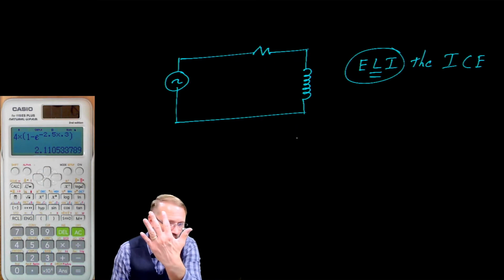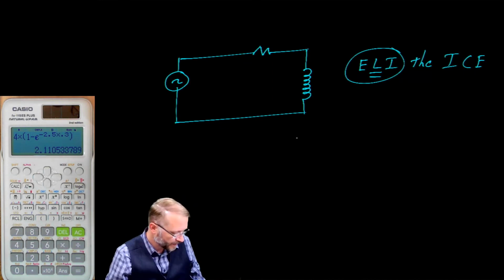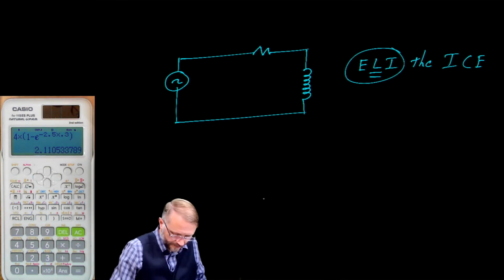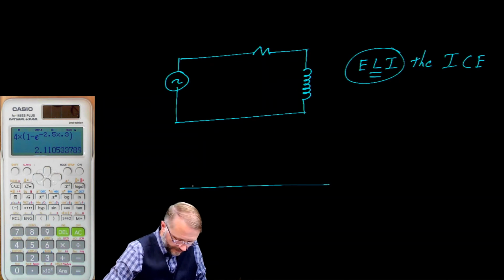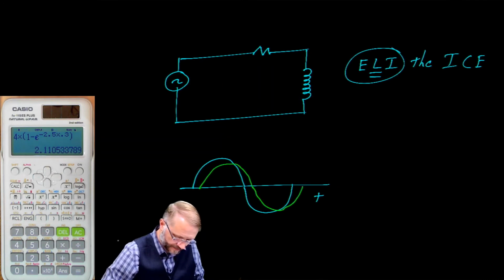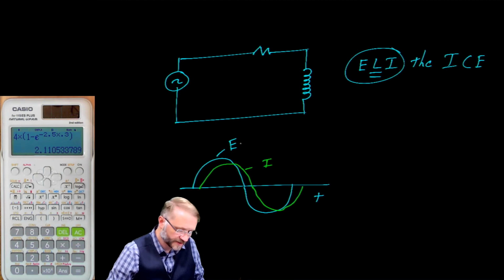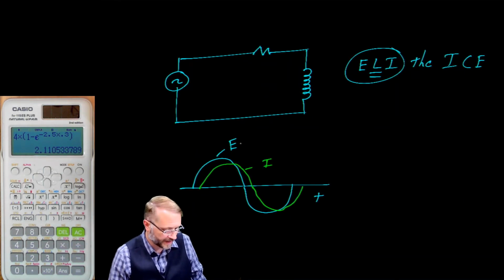So if this is the voltage, the current is going to be at a different angle, rotated relative to the voltage. In the time domain, if this were the voltage, we would say the current lags behind. It occurs after. So let that be the current, and let this be the voltage. So there's a phase shift is what we would call that.